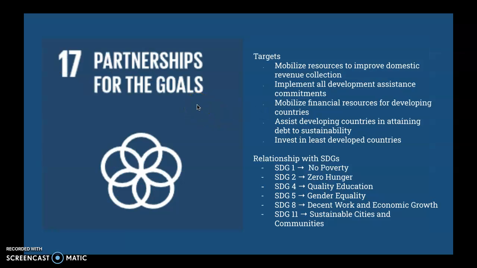And finally, the last SDG is going to be partnerships for the goals.